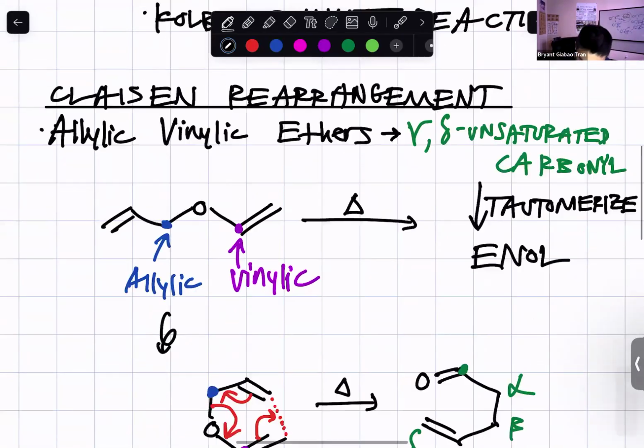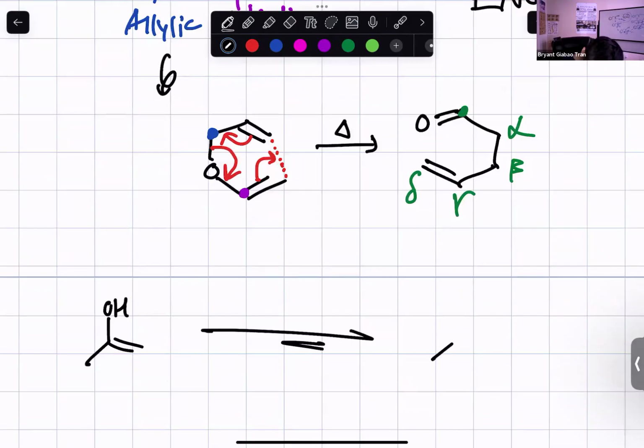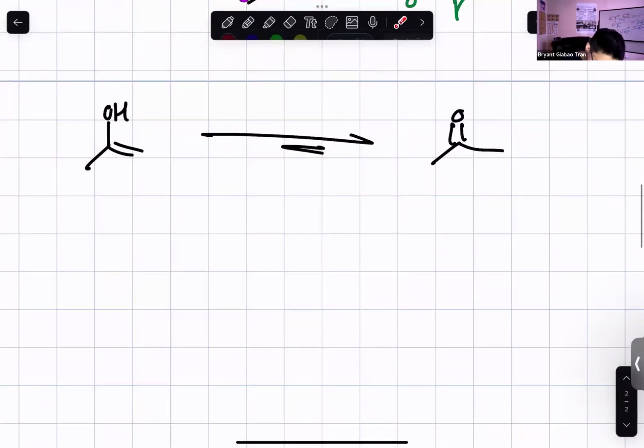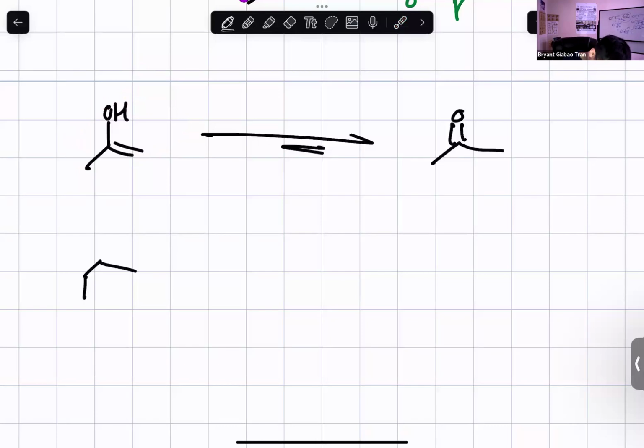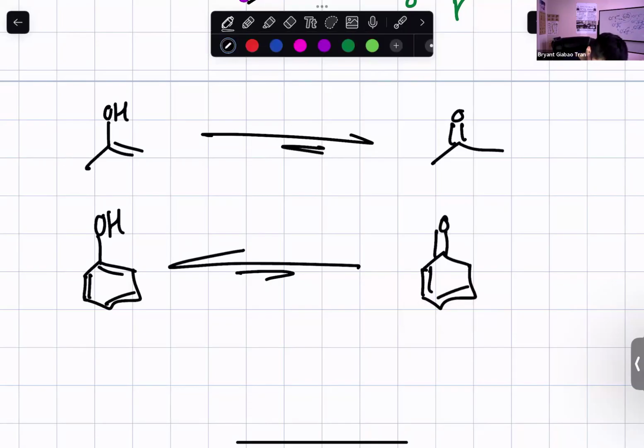In Bulletin B, we always learn that whenever we have an enol, we want to tautomerize that enol into a carbonyl, and in the majority of cases the carbonyl is the major form. But in some cases, the enol takes priority when it could do resonance, like when it is part of an aromatic ring or a big conjugated system. Right? Where this is the enol, this is the carbonyl here.